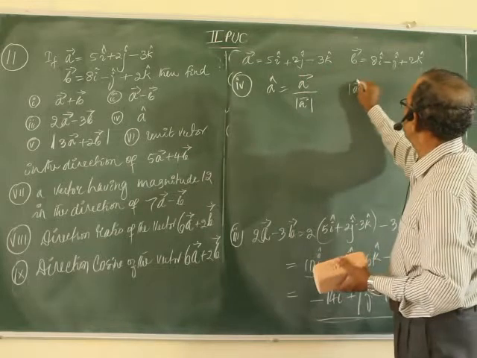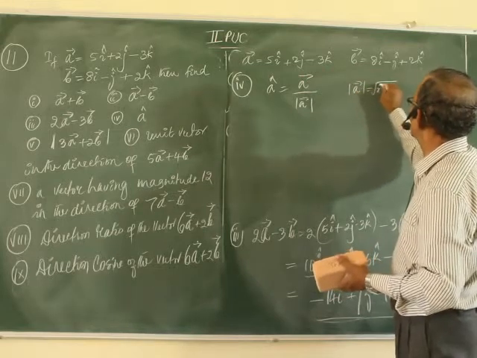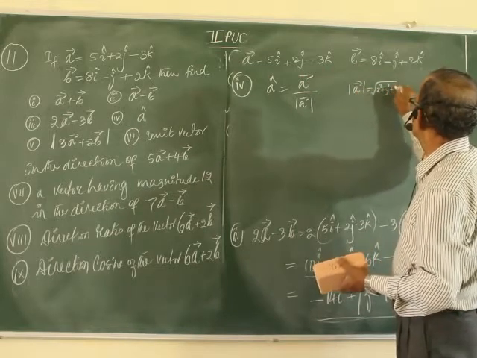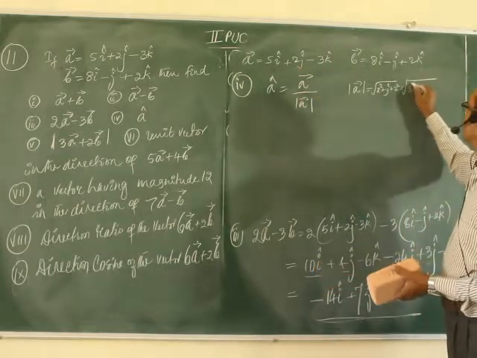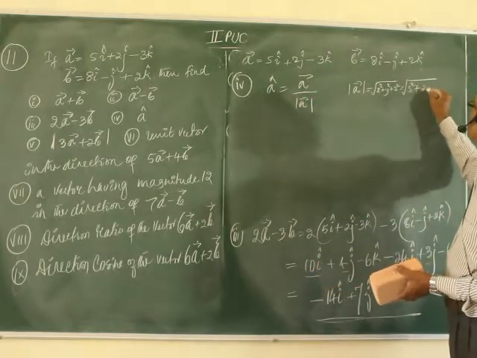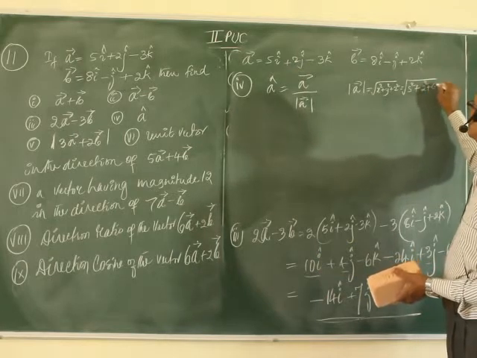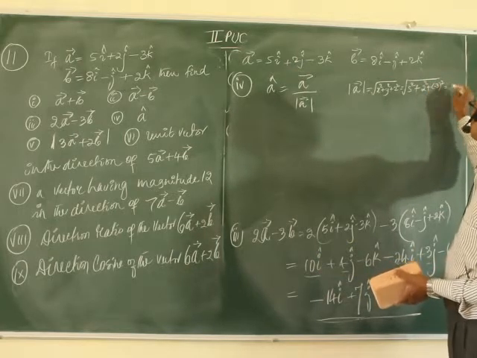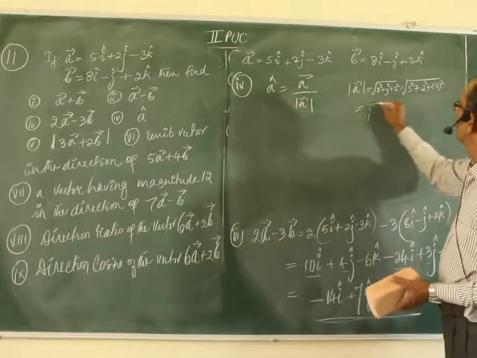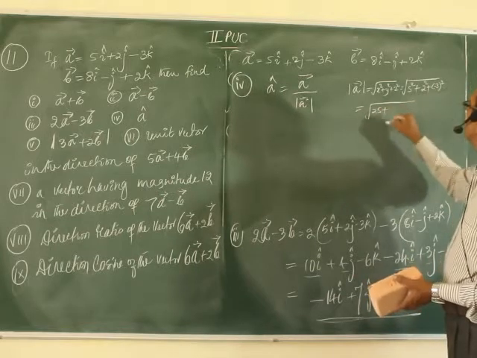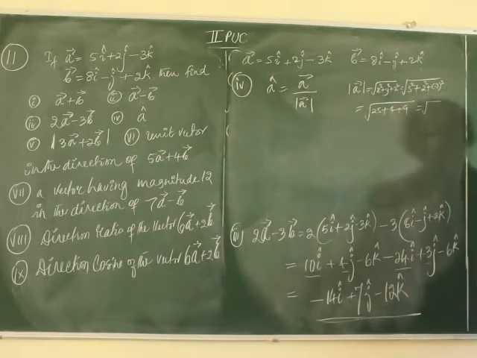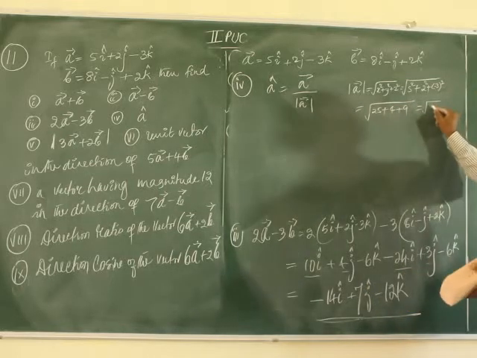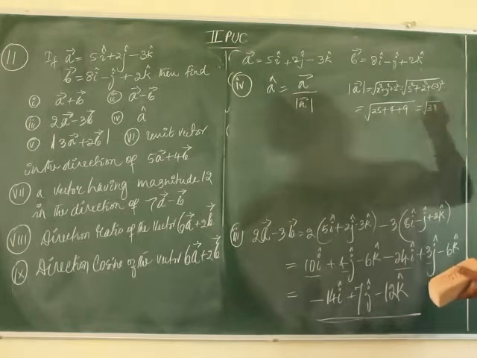First find mod a equal to root of 5 square plus 2 square plus minus 3 square, equal to root of 25 plus 4 plus 9, that is 38.